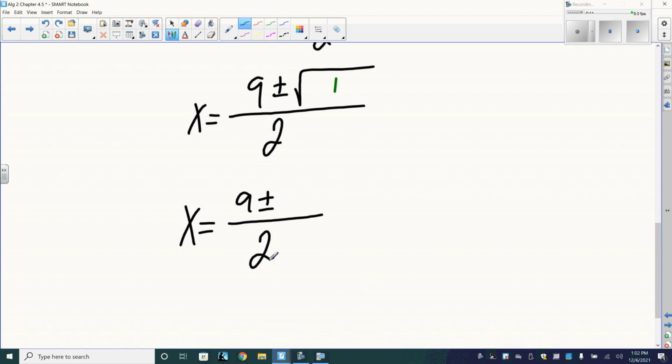And the square root of 1 is, you all know, 1, because the only number times itself that gives us 1 is 1. If we take any root of 1, it'll still work out to be 1.